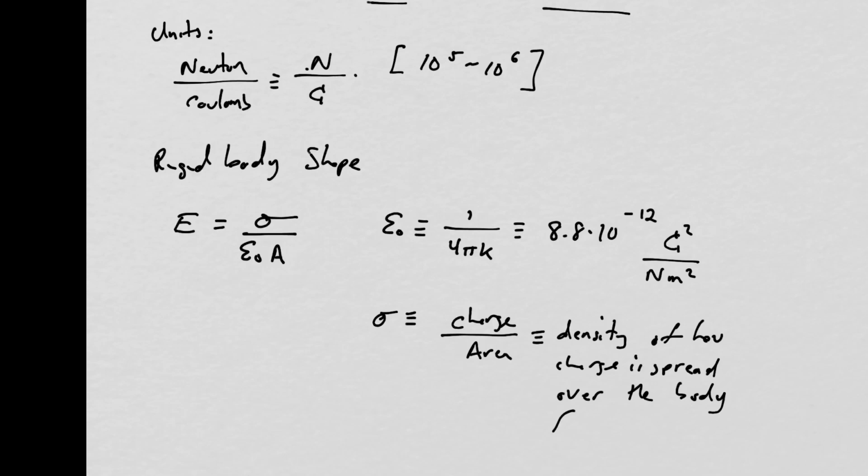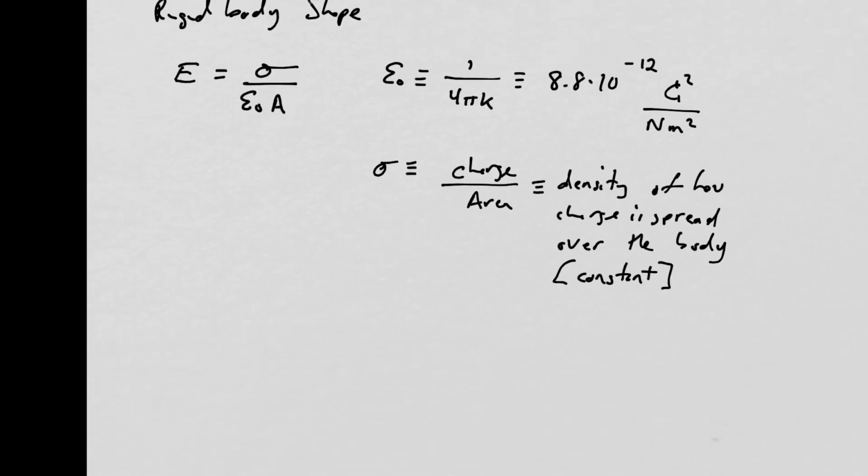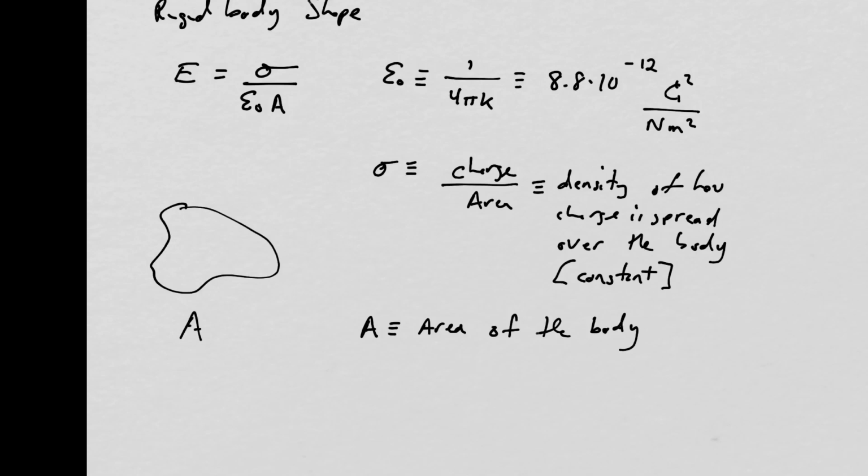And this is typically, for our cases, again, in a non-calculus-based class, a constant that you're either given or you're asked to solve for, and A is the area of the body. So what this means is that if you have some shape with some area, the charges spread out over the area, and how they're distributed we call sigma, and that sigma is what results in some electric field.